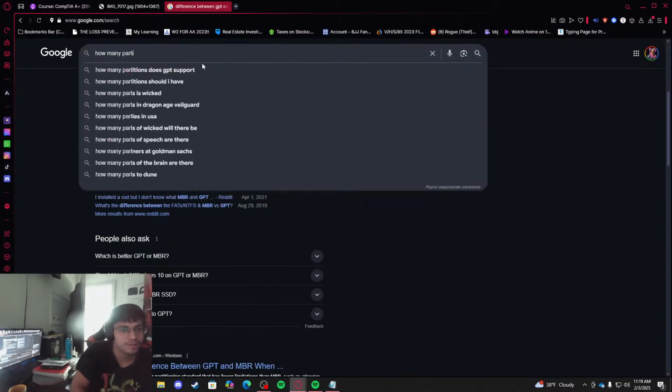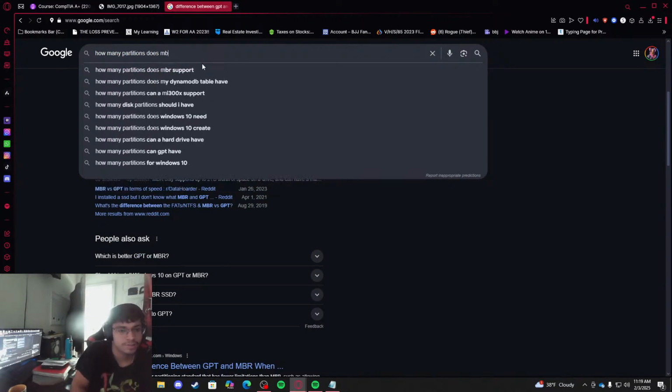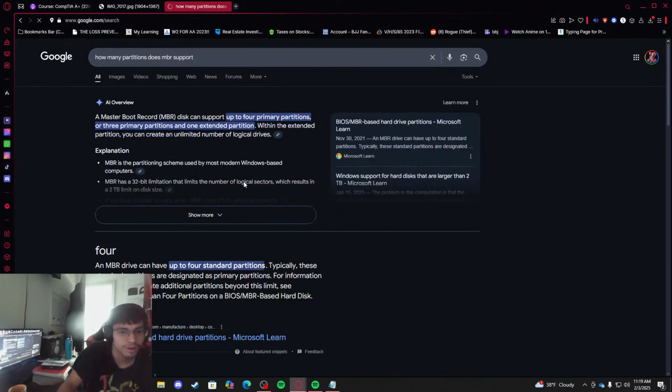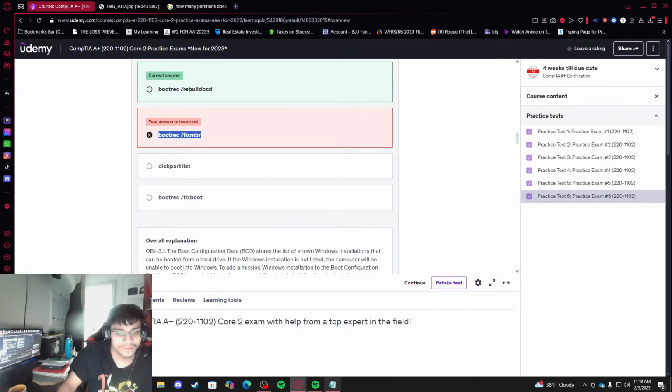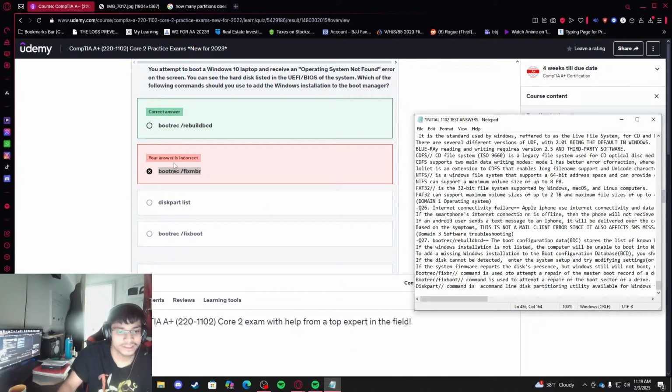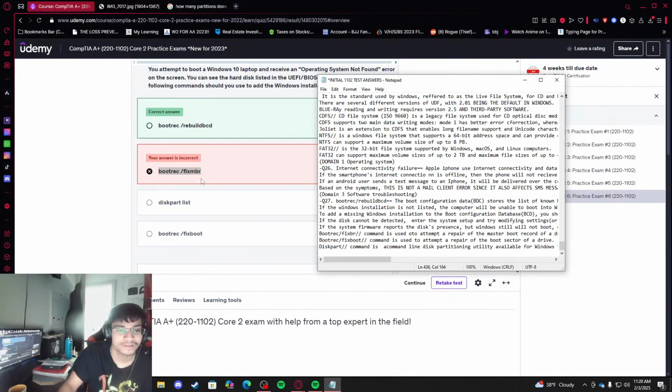How many partitions does MBR support? I think it's 4. Yeah, 4. Okay, cool. So this is just for legacy drives. This is for GPT drives, UEFI drives too. BIOS is the older one for this one.